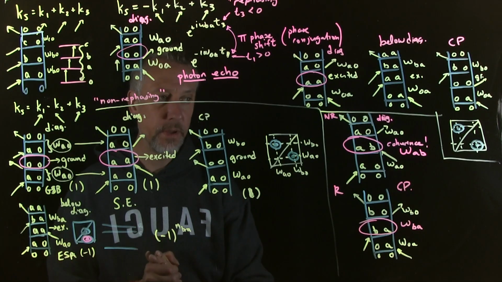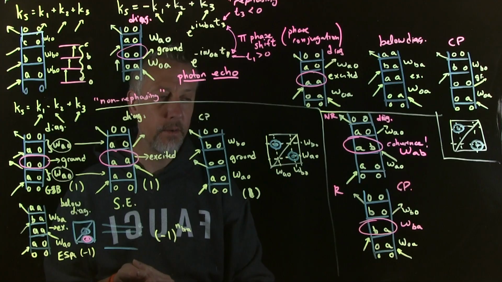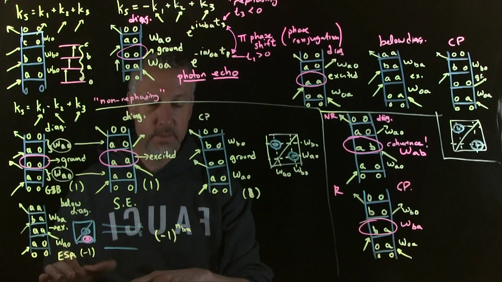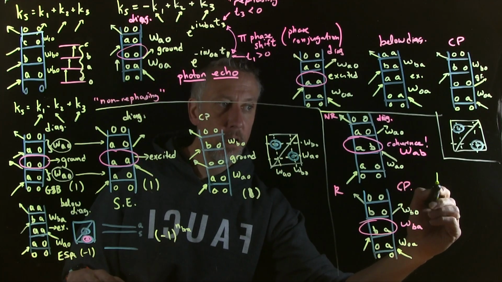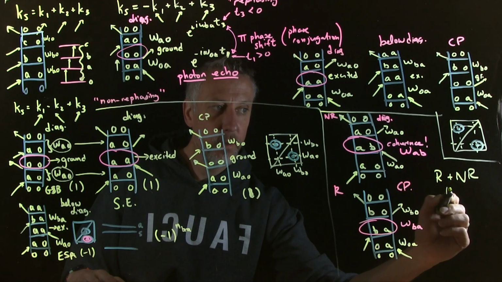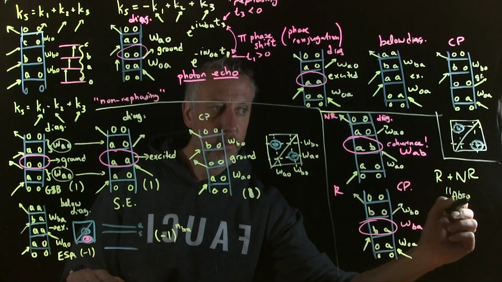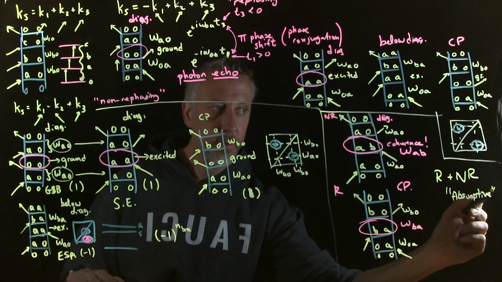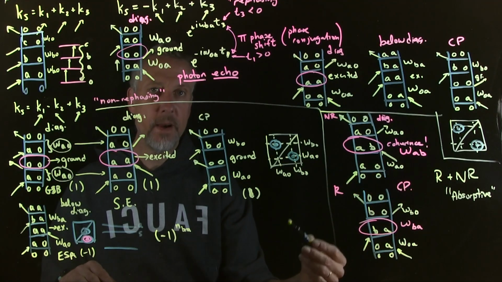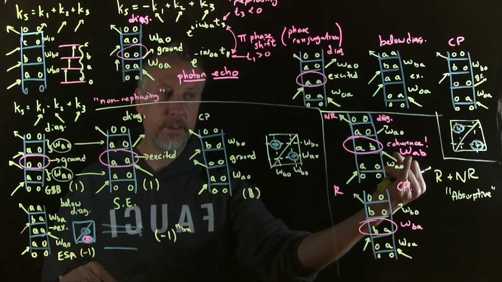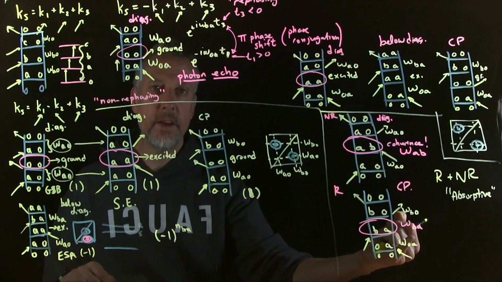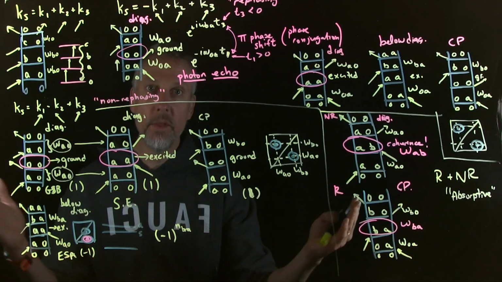Now, something that I'm not going to explain to you, but you can ask me about offline, is that there's another kind of spectrum that we can make in multidimensional spectroscopy that comes from adding a rephasing plus a non-rephasing to make what we call an absorptive spectrum. And so when you do that, you add together non-rephasing and rephasing pathways. So what that means is if the diagonal peaks oscillate when you have coherence in a non-rephasing, and the cross peaks oscillate when you have a rephasing, when you add them together, in principle, all the peaks could be oscillating.